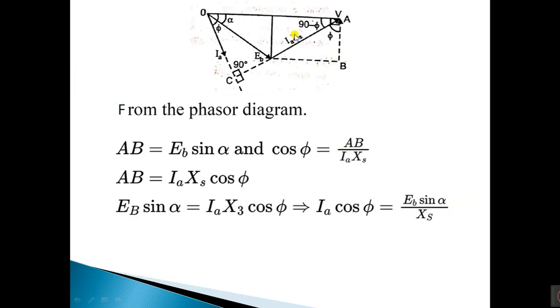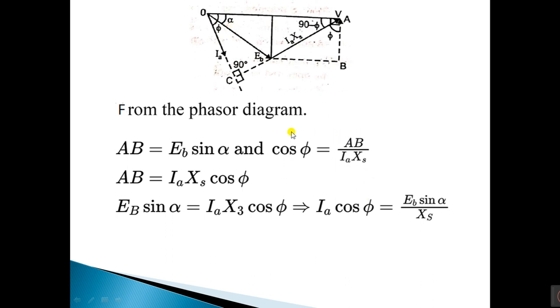From this phasor diagram, I can say AB equals EB sin alpha. Alpha is here, and the back EMF is here. So AB equals EB sin alpha. This method you know how to calculate the angle, opposite over hypotenuse, you know that already, no need to repeat again. So AB equals EB sin alpha, and the cos phi value we can write as AB by IA into XS.